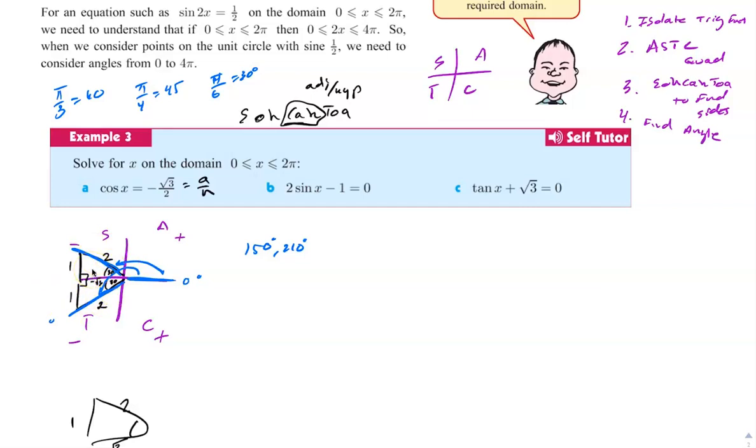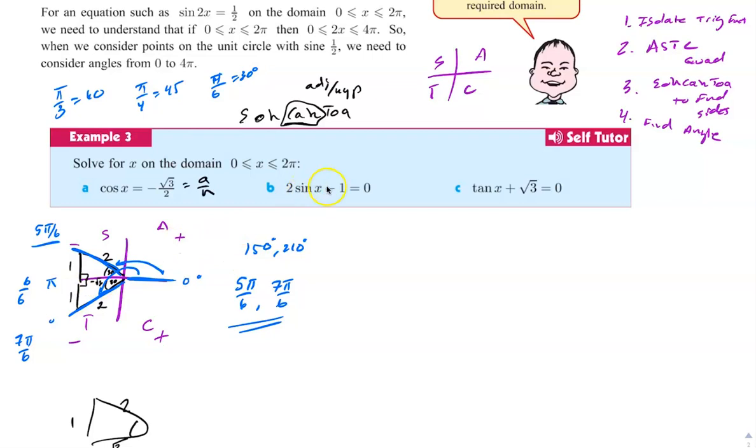So the trick is, since this is 0 and pi, and 2 pi, I'm going to make this 6 over 6. And then this right here would be 1 less. You haven't reached it yet. So this would be 5 pi over 6. And this would be one more. You got a little past it. So 7 pi over 6. So 5 pi over 6 and 7 pi over 6 are my answers in radians.